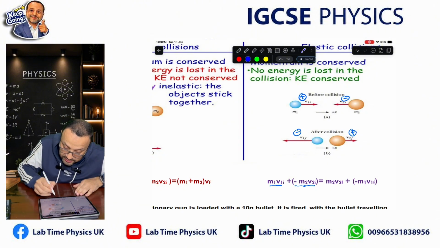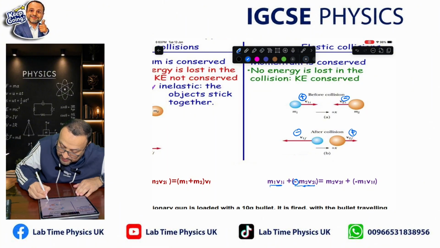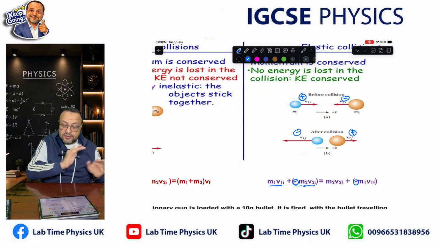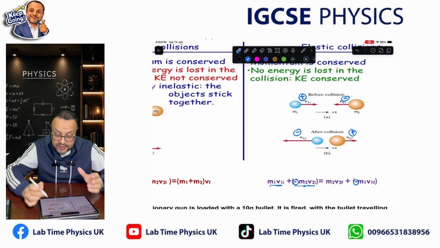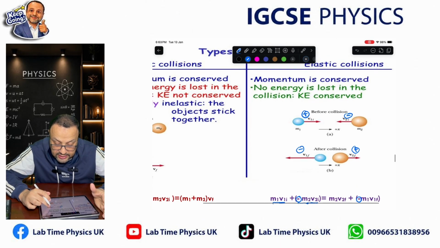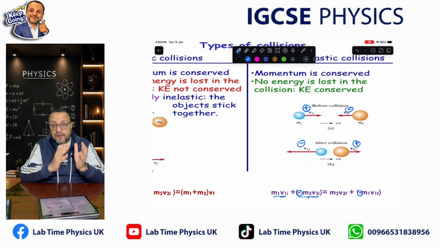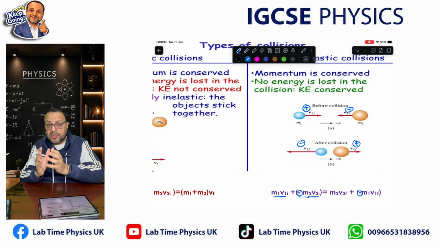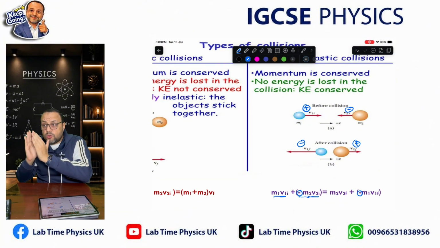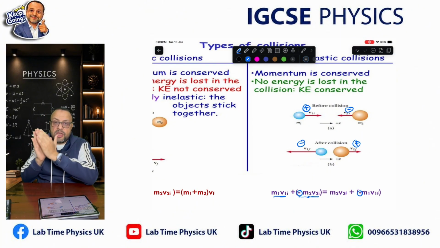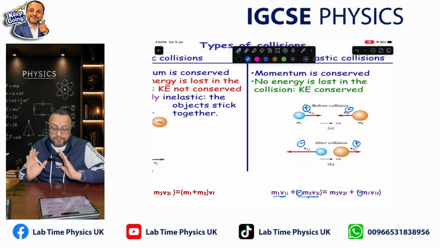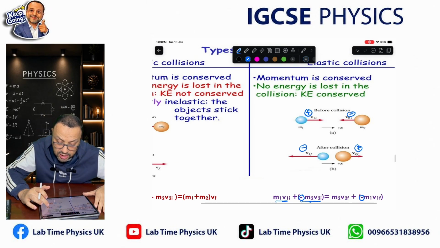So we add negative here, and we add negative here due to the direction to the left. And as I said, in case of elastic collisions, when the two objects collide with each other, after collisions each object moves separately, not stuck to each other. Okay, so this is elastic collisions.